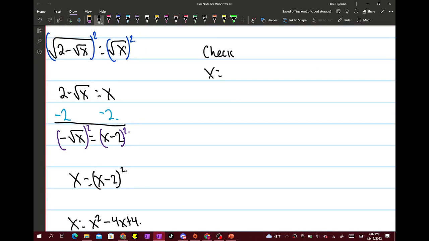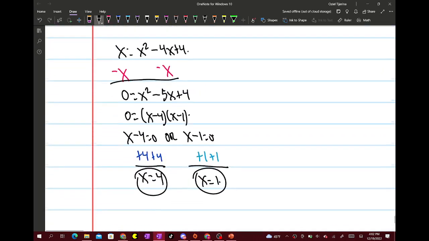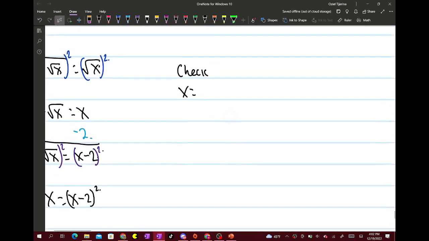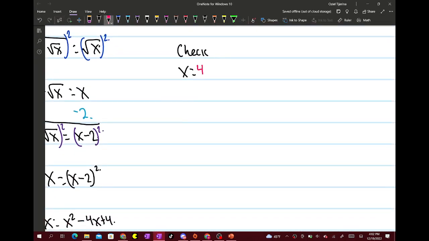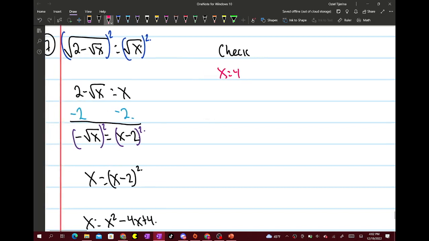So when we check x equals 4, let's just do it this way. We're going to do the square root of 2 minus the square root of 4 is equal to the square root of 4, right?